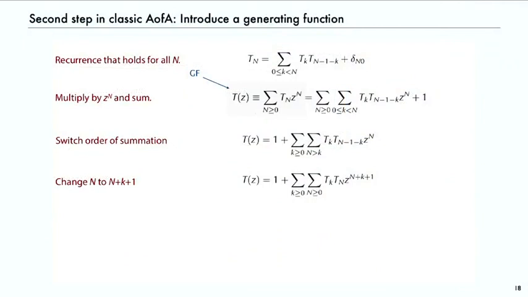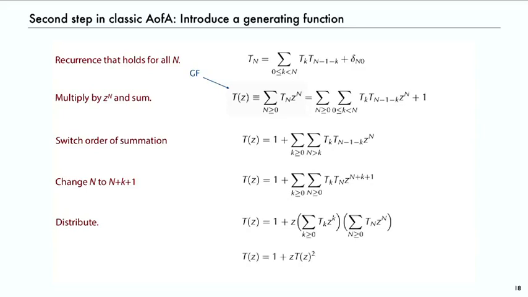So t sub n minus 1 minus k becomes t sub n, z to the n becomes z to the n plus k plus 1, and now that allows us to distribute and separate the sums. So T of z equals 1 plus z, sum on k, t sub k z to the k, sum on n, t sub n z to the n, and both of those are nothing more than T of z.